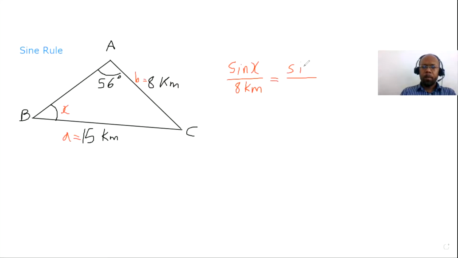Now, we purposely have sine of X here and not here. Why did we have it here, guys? Why didn't I just start with sine of 56 here and then put sine of X over here? Why did I put sine of X on the left-hand side?